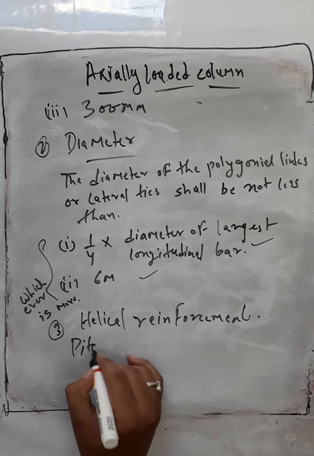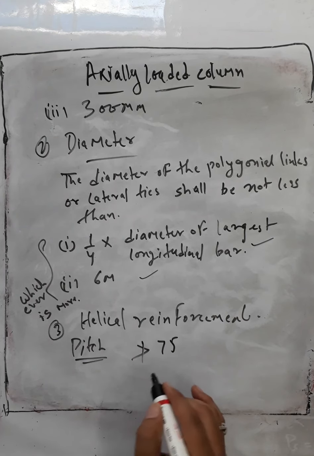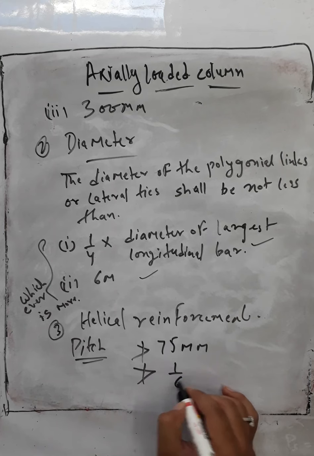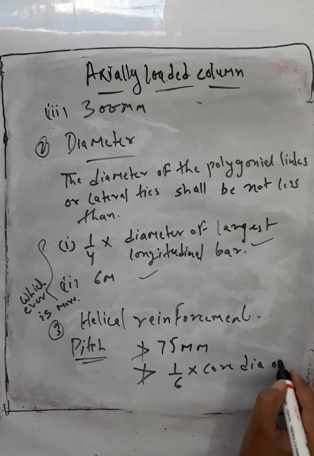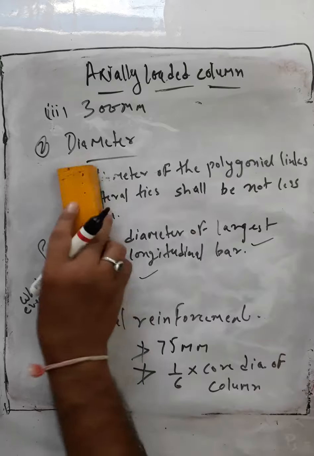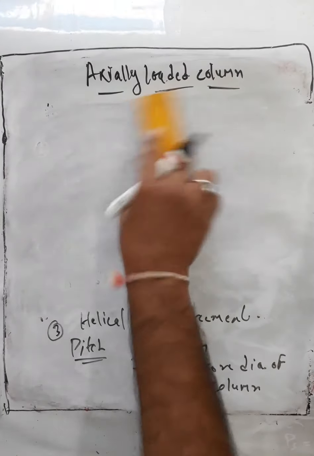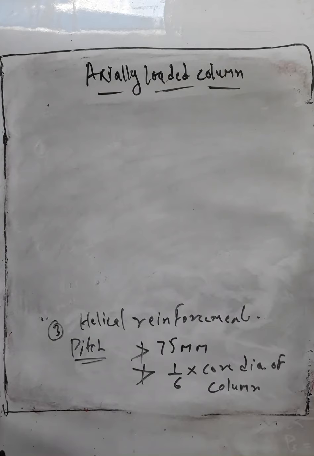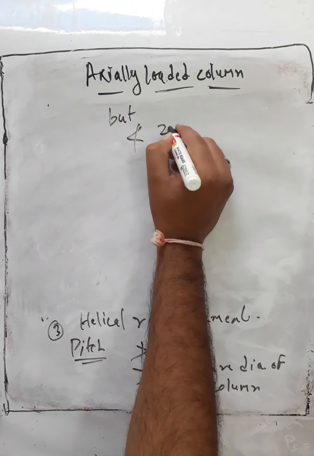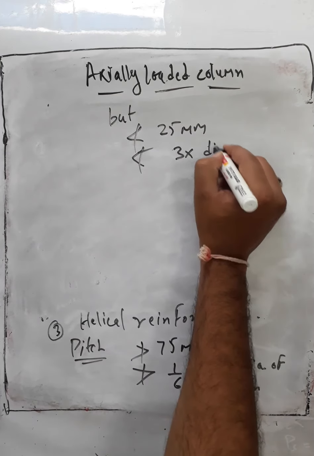So for helical reinforcement, first the pitch should not be greater than 75 mm and should not be greater than 1.6 into core dia of column, but not less than 25 mm and not less than 3 into diameter of helix.